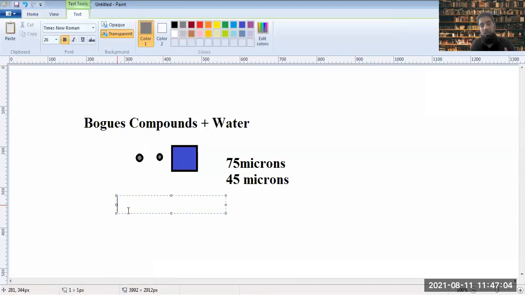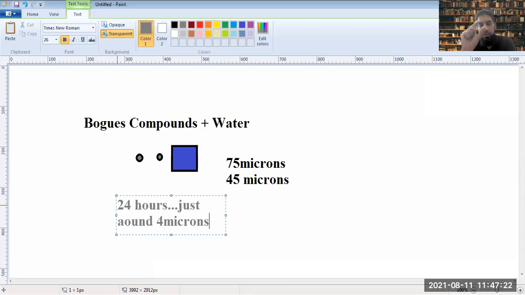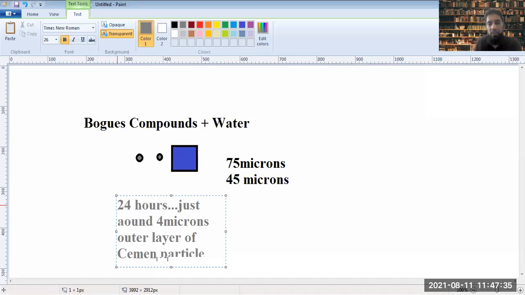Even after 24 hours, you will have just around 4 microns of the outer layer of the cement particle that has actually interacted with water.